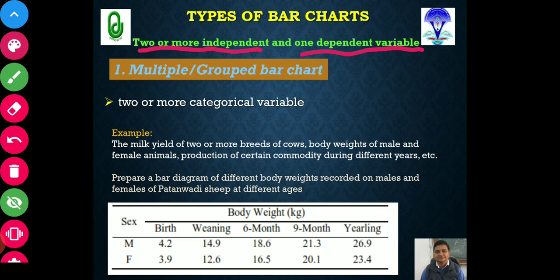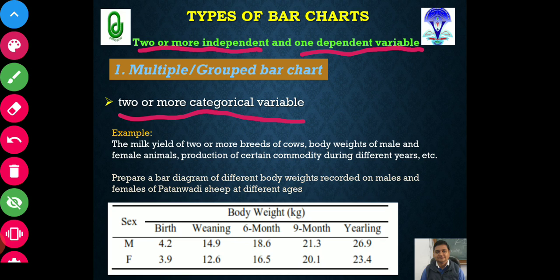So here you have two or more categorical variables. In the previous example we had only year as a categorical variable, but here we will have more than one. For example, the milk yield of two or more breeds of cow; the breed of cow is a categorical variable.